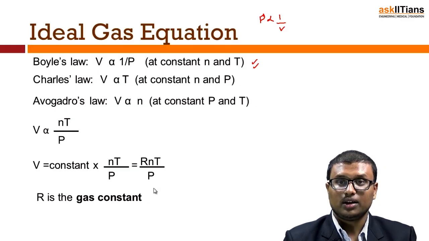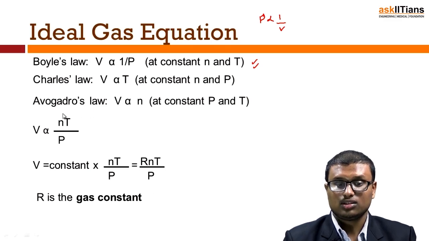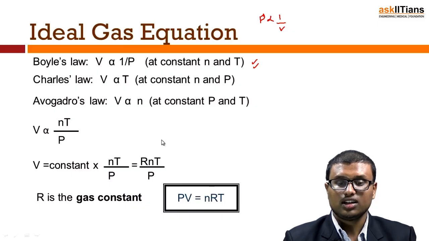This is a very important equation in your gas laws, in your gaseous state, because this is a basic equation which will be useful for every calculation in gaseous state. So yes, PV is equal to nRT. I will take my pressure here and it will be PV, which will be equal to nRT.